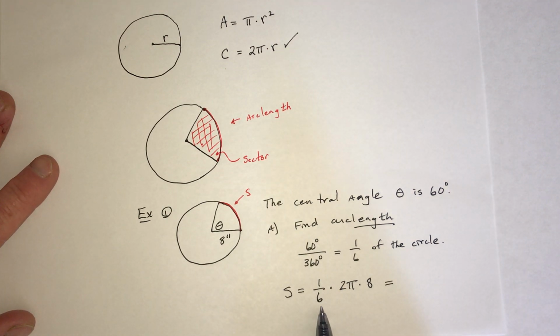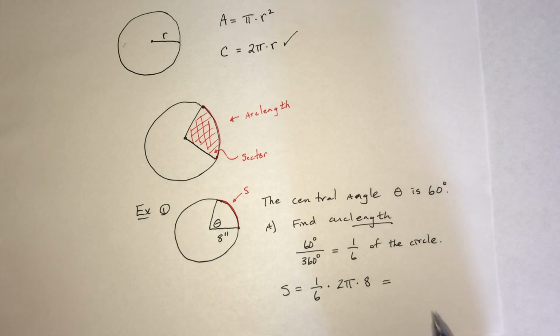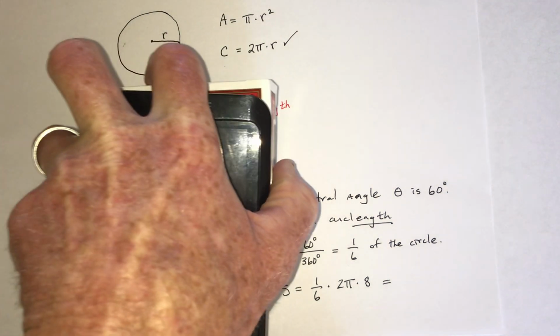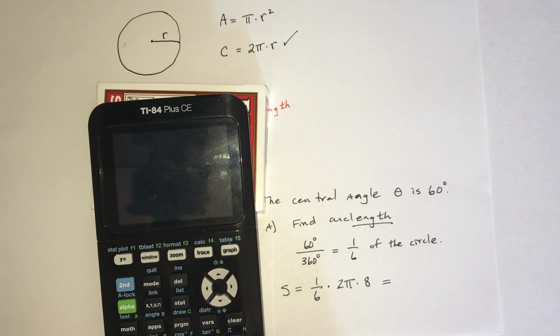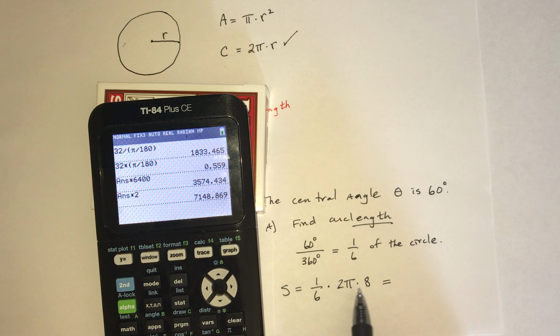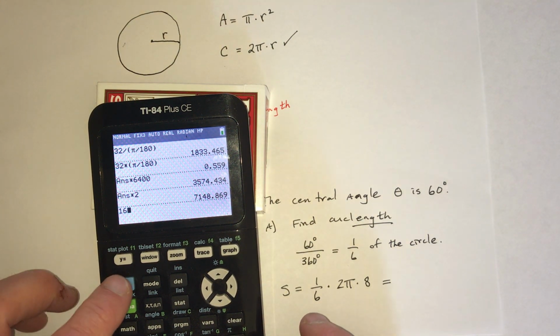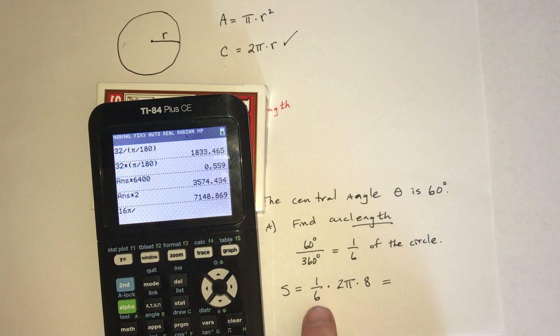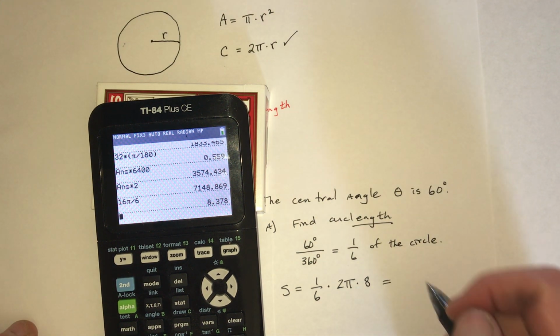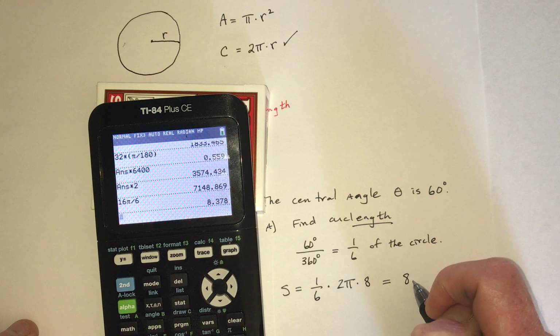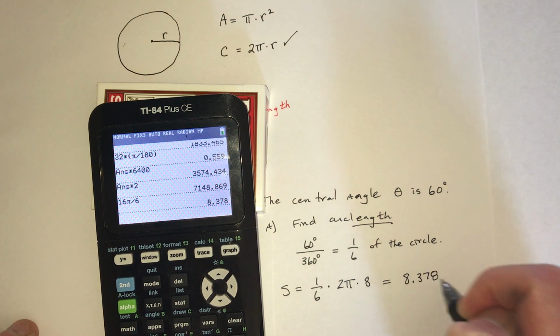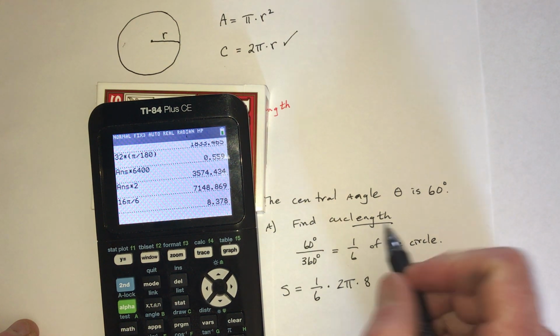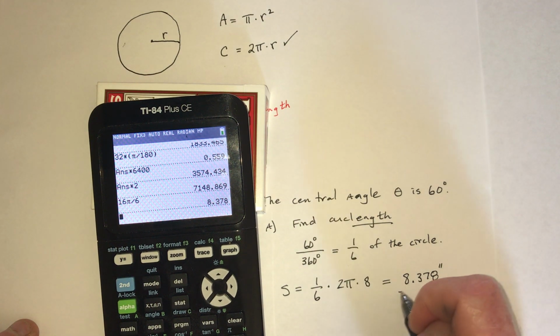So let's see, I guess I could just use the decimals instead of the exact answer. So that would actually be 16 pi divided by 6. So as a decimal, it's going to be 8.378. And because it's a length, this is going to be in inches.